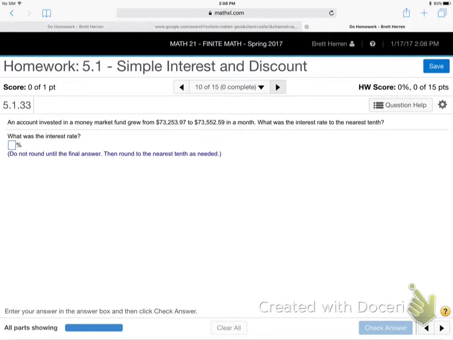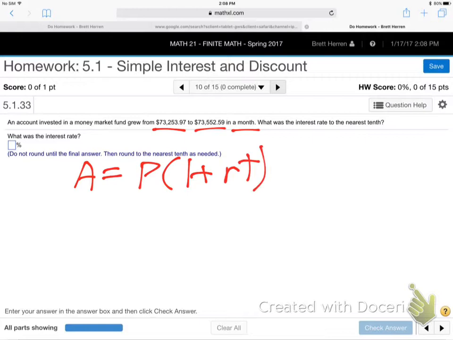Okay, so it went from this to this in a month. So A is P times (1 plus RT) again. The principal is always the smaller number, and the amount is the bigger number it grows to be. They're pretty close here because we're talking about 1 month.